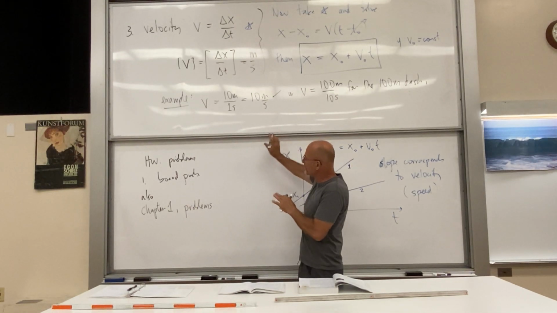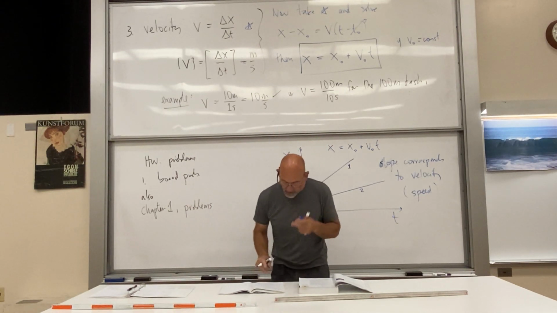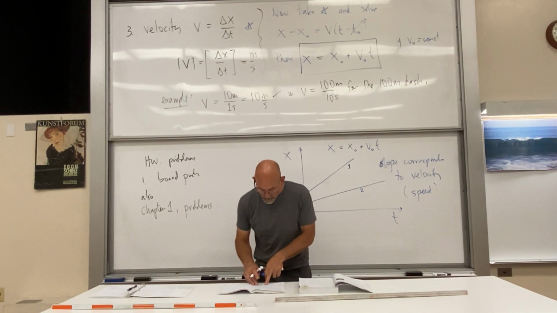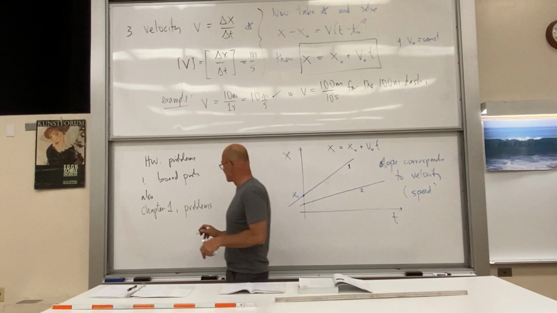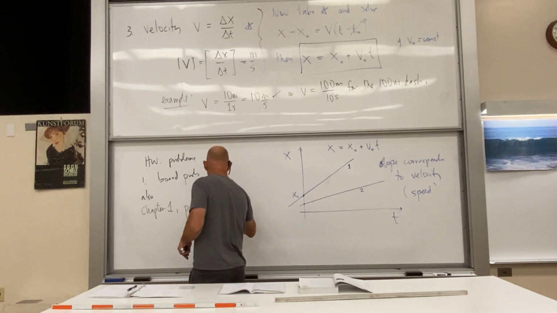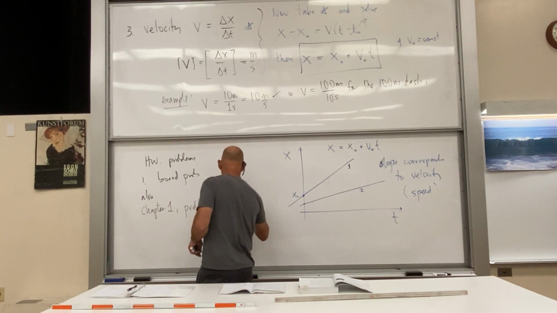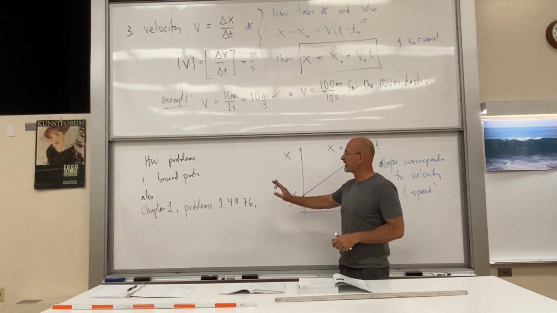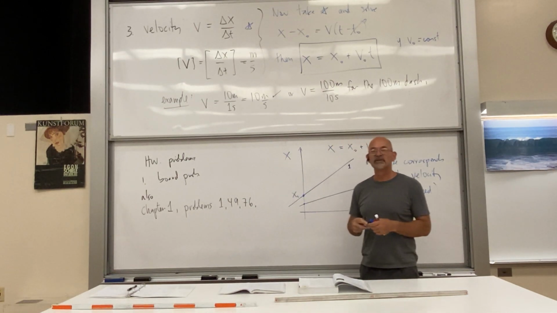The problems don't get into the motion yet. They're trigonometry, dimensional analysis, stuff like that. Chapter 1, problems 149 and 76. So you get those, they'll be part of this set that you mail to me later in the week.